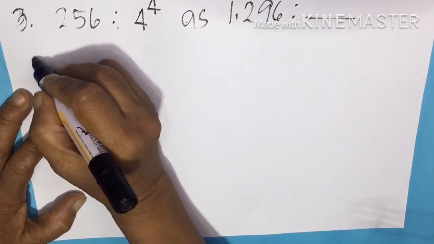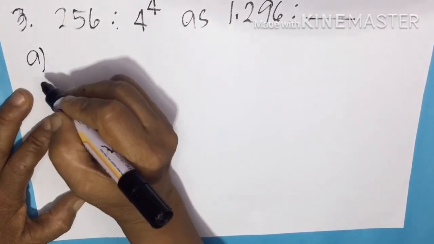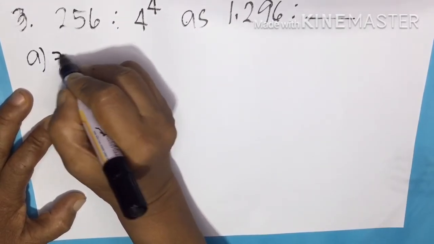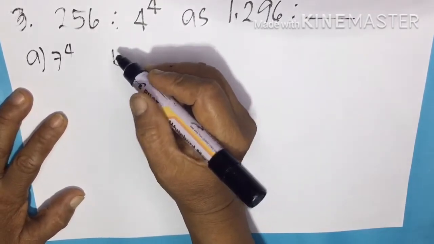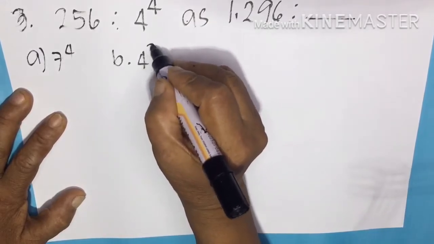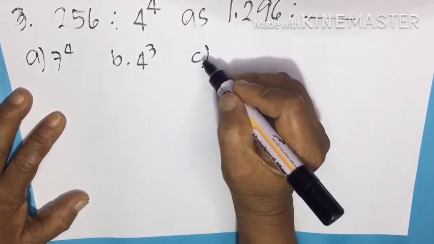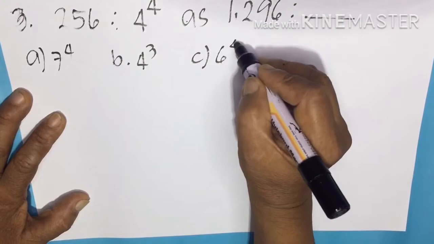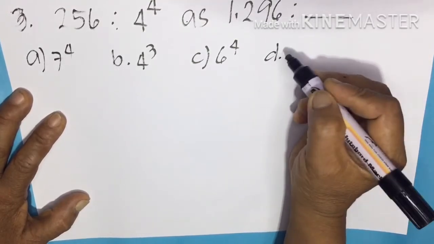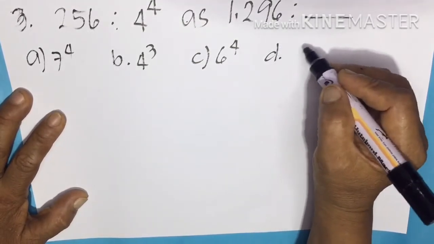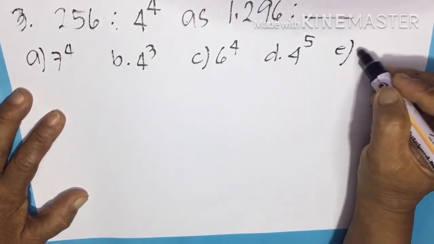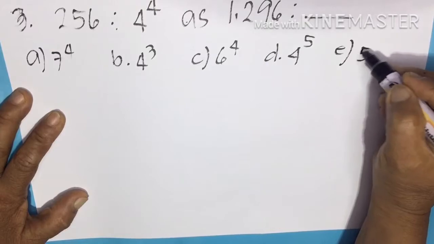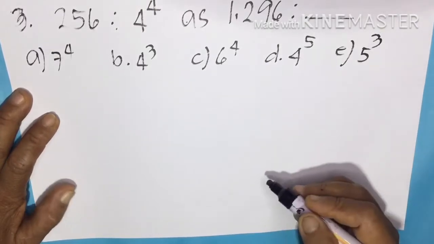Our options are A, 7 to the power of 4, B, 4 to the power of 3, letter C, 6 to the power of 4, and letter D is 4 to the power of 5, and letter E, 5 to the power of 3.